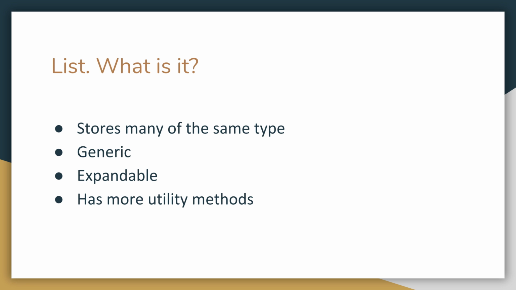You need to add it first in order to change its value. So those are the key differences between list and array. It's expandable and it's manipulated through methods. Also, since it's a structure, not a primitive, it has more utility methods.